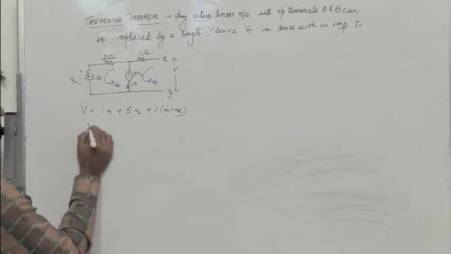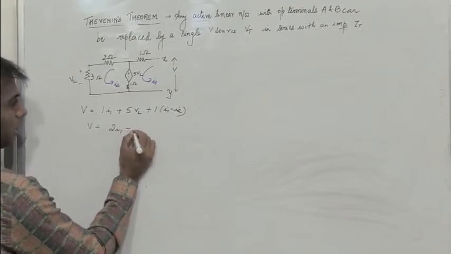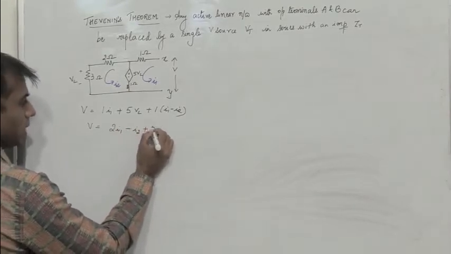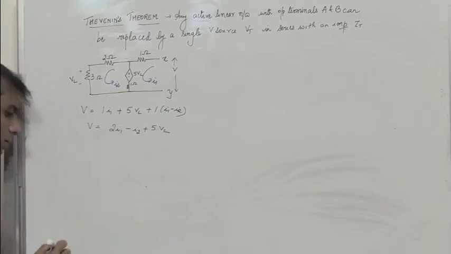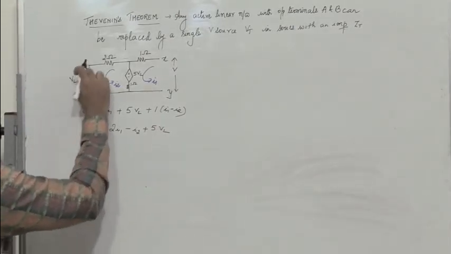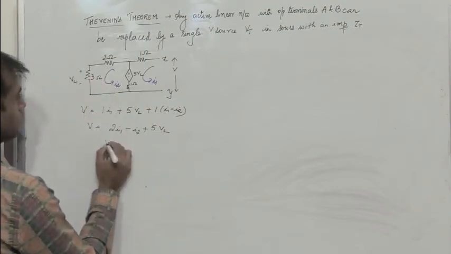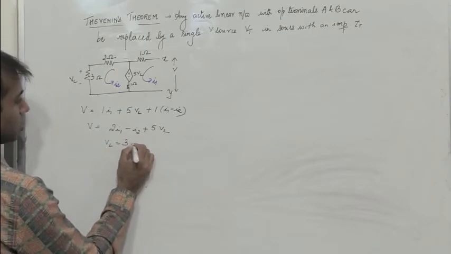So V equals 2I1 minus I2 plus 5 times VL. Okay, now what is VL? VL is the voltage drop across this 3 ohm resistor. So therefore VL equals 3I2.